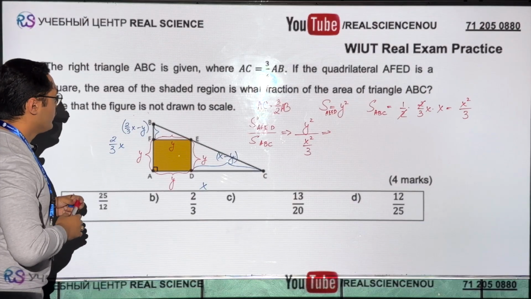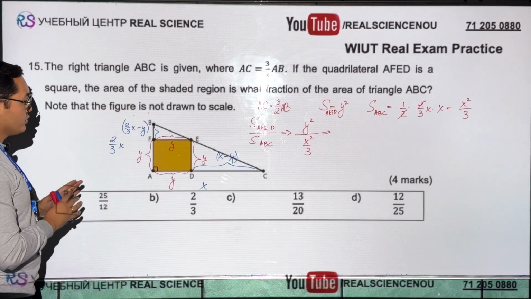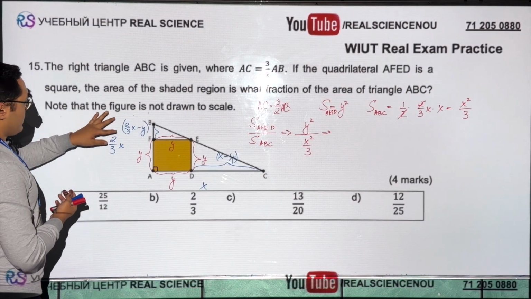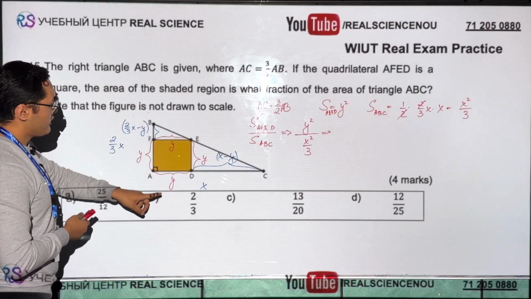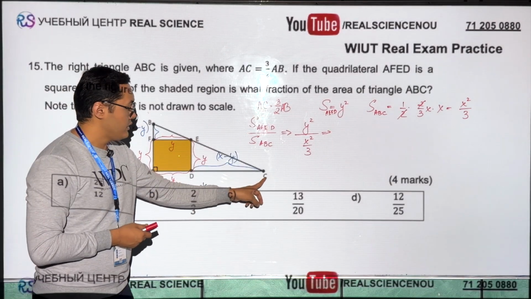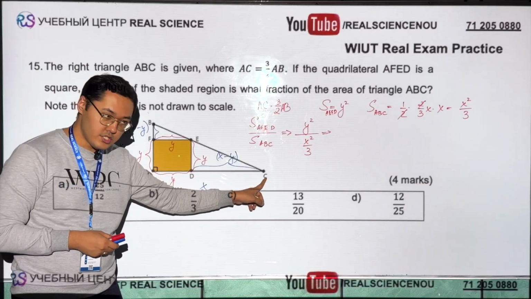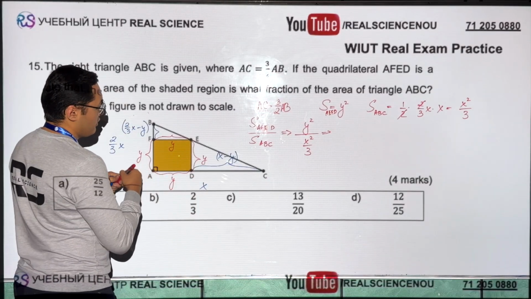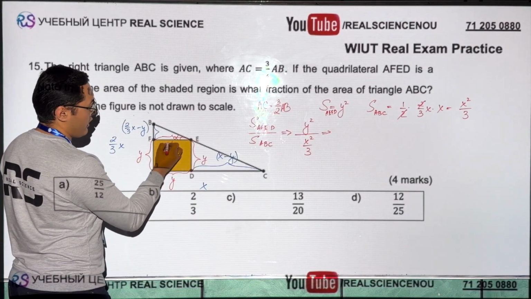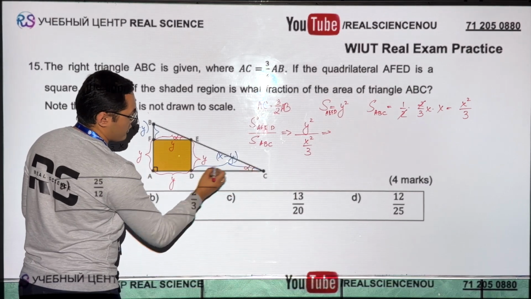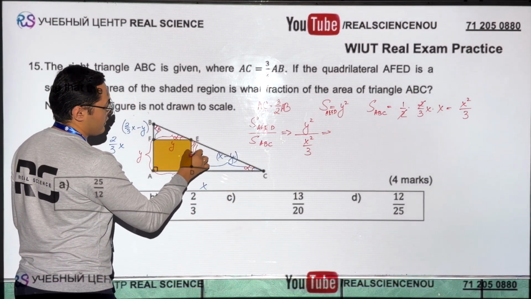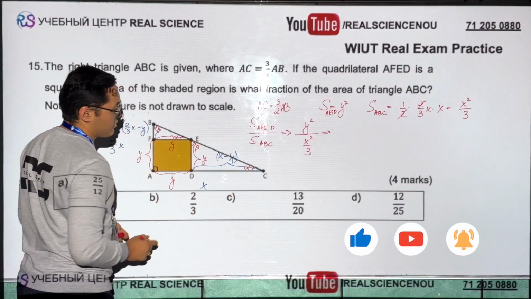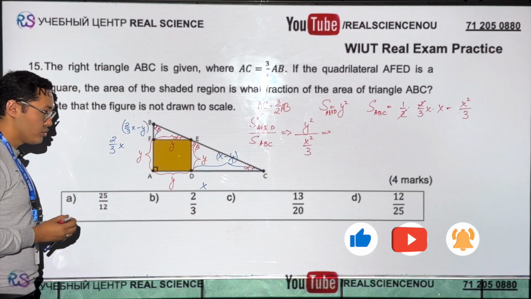Okay. So in this case, the triangle BFE and the triangle EDC are similar because this angle, let's call this angle alpha, this is also alpha. This angle is beta, this angle is beta. All three angles are equal to each other.